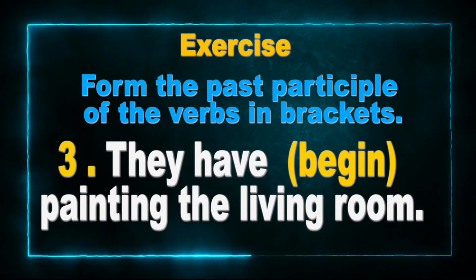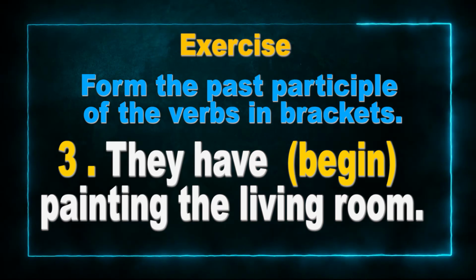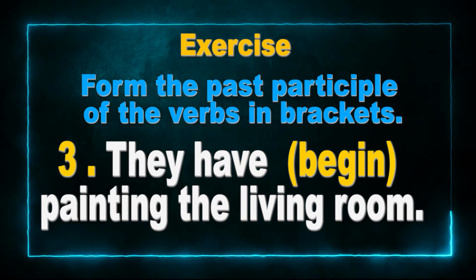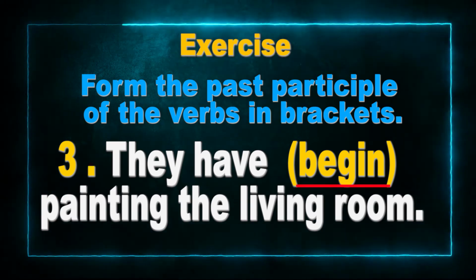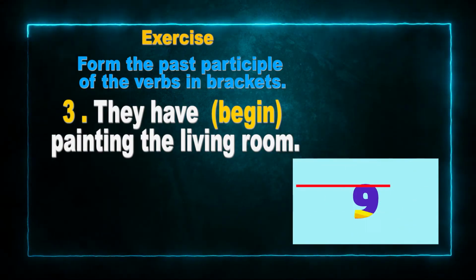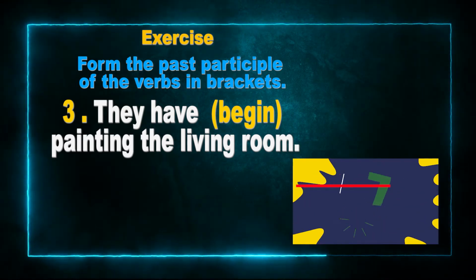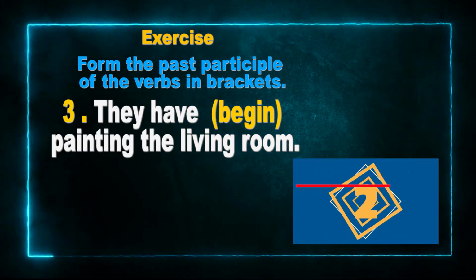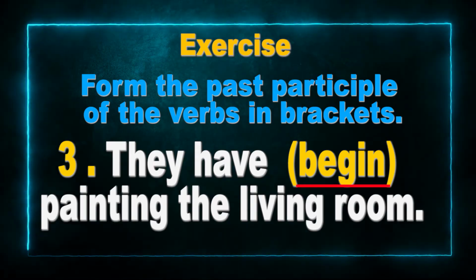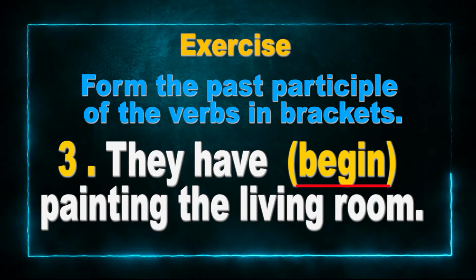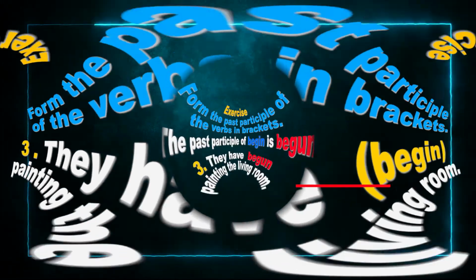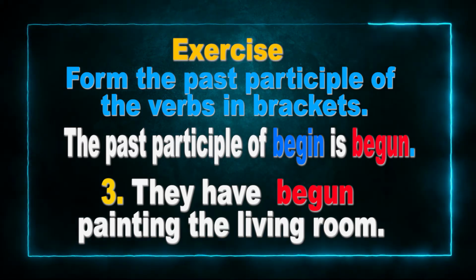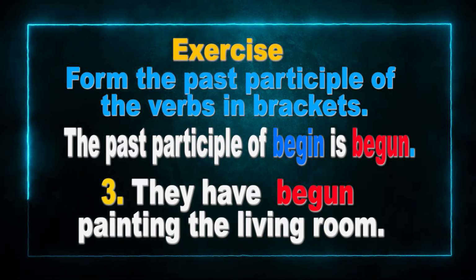Also, they have something painting the living room. The verb to form the past participle is begin. Yes, definitely. The past participle of begin is begun, B-E-G-U-N. They have begun painting the living room.